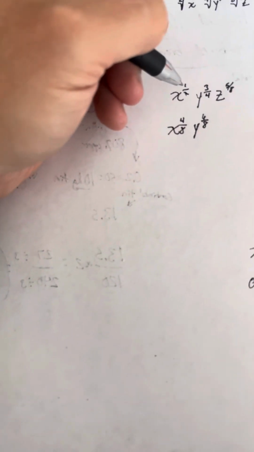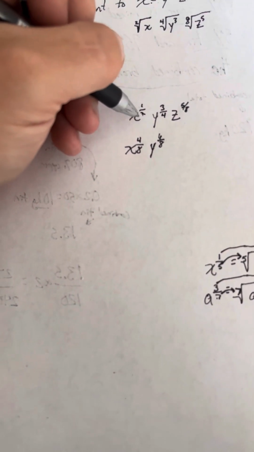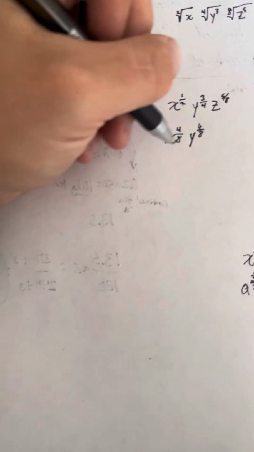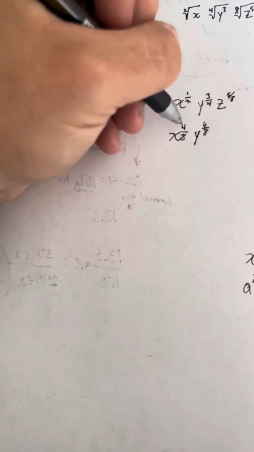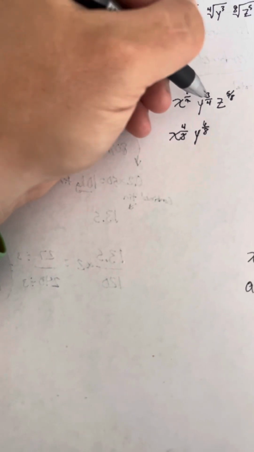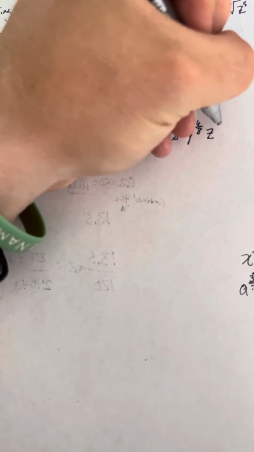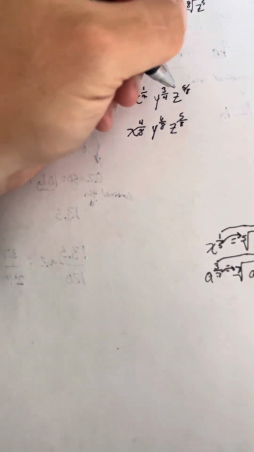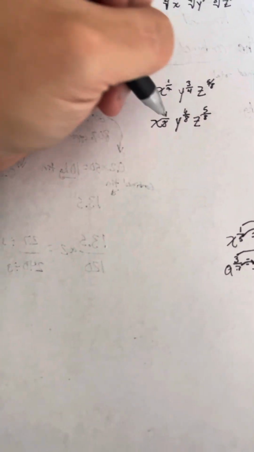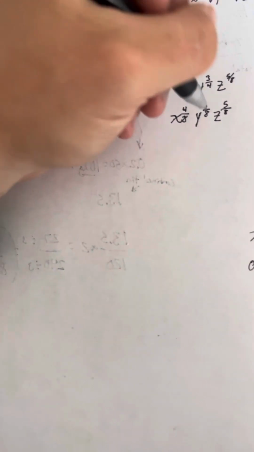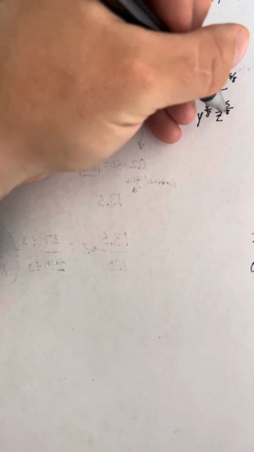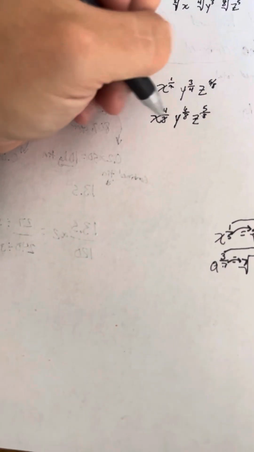And if you're confused here, 1 over 2, to get 2 to 8, you multiply by 4. So that's how we got 4 over 8. Here we multiplied by 2, and this already has a denominator of 8, so we can leave that. So now this is what we have: x to the 4/8, y to the 6/8, and z to the 5/8. Now they all have the same denominator.